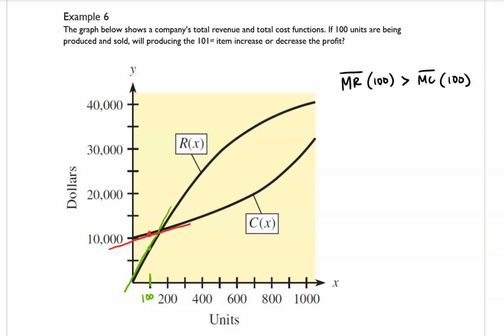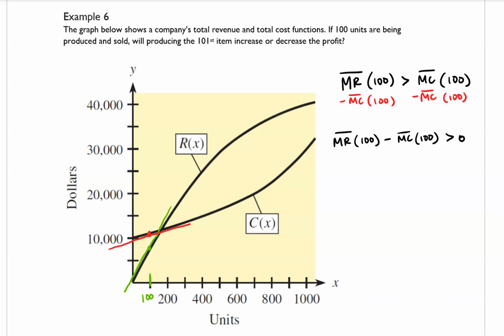And so let's see, how can we think about this? I have an inequality here that I could manipulate. So if I subtracted the marginal cost of 100 on both sides, then I'd have a new inequality that said the marginal revenue at 100 minus the marginal cost at 100 is greater than 0.